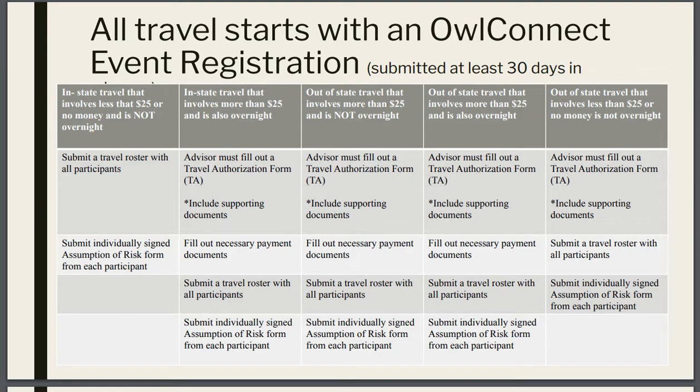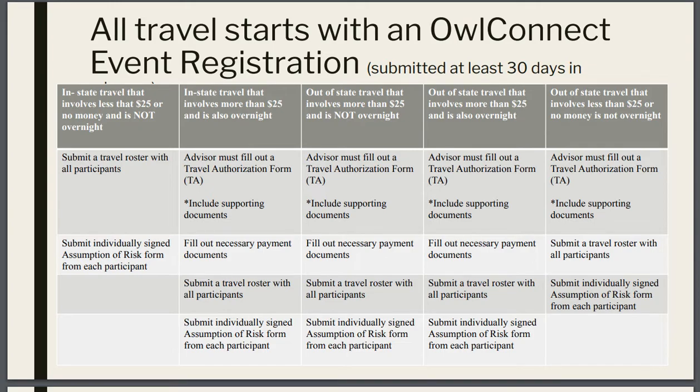Obviously, if it's flights that you need to pay for, typically the longer you wait, the more expensive the flights will be. So doing that paperwork 30 days in advance or more than that would be the best route to take. And then you'd submit the travel roster and the assumption of risk forms.